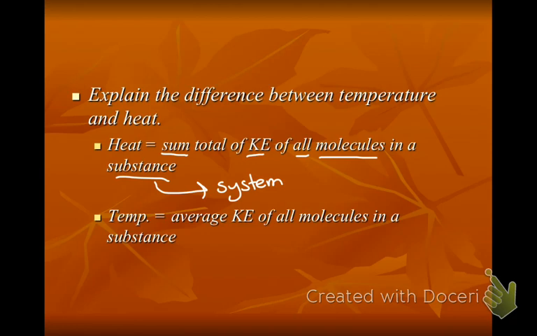Temperature, however, is the average kinetic energy of all molecules in a substance, which implies that all molecules do not have the same kinetic energy. They have differing kinetic energies. So that's the difference between the two. And obviously heat, we remember, is measured in joules or calories. Temperature is measured in degrees Celsius or degrees Kelvin.